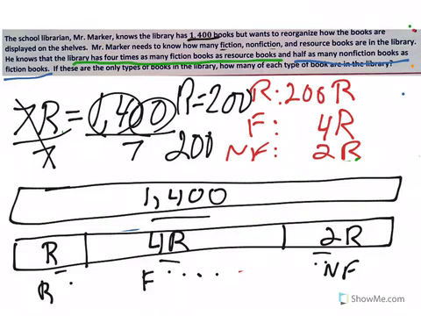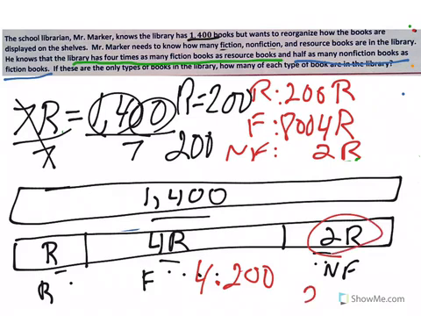There's 200 resource books. How many fiction books are there? Well, it's 4R, so that means 4 times 200, because R is 200, so that would be 800 fiction books. And then nonfiction is 2R, or 2 times, instead of R, we know it's 200. So we have 400 nonfiction books.